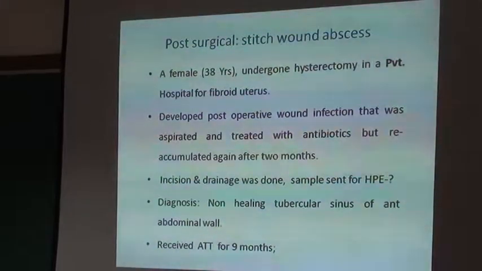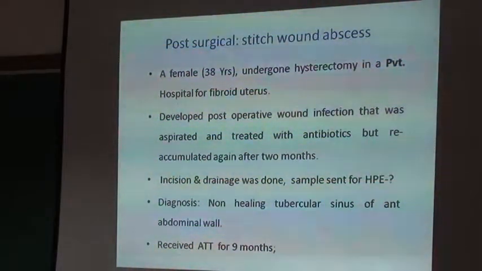A 38 year old female underwent hysterectomy in a private hospital for fibroid uterus. This private part is very important because most of the cases where we have isolated non-tuberculous mycobacteria were operated in a private hospital. Second, she developed post-operative infection that was aspirated and treated with antibiotics but reaccumulated after 2 months.